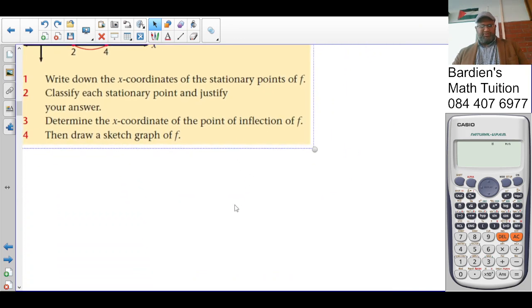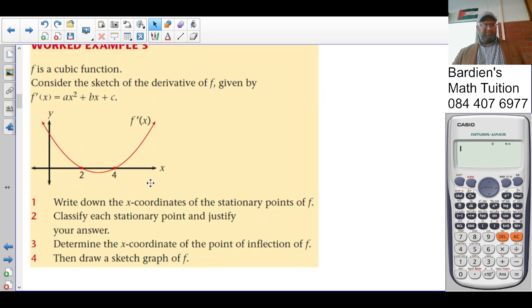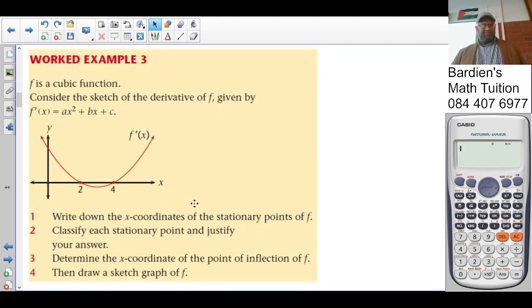We look at example 3. Example 3 is on page 172.